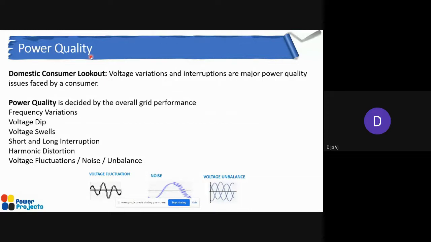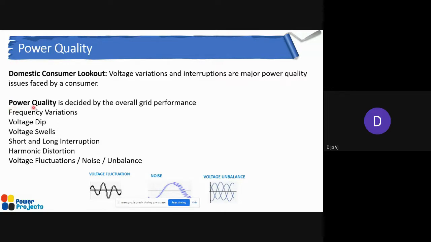One can sense that the voltage variation is there, fluctuation is there, or maybe there is an issue with some equipment being used at home. So the voltage variations or interruptions are the major criteria one will be using to assess the power quality. That's the general lookout of it.